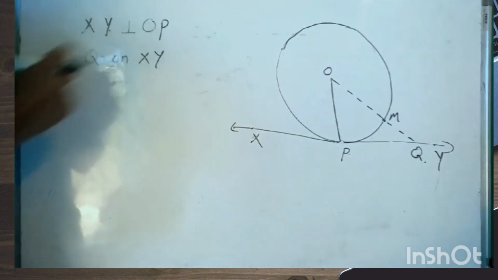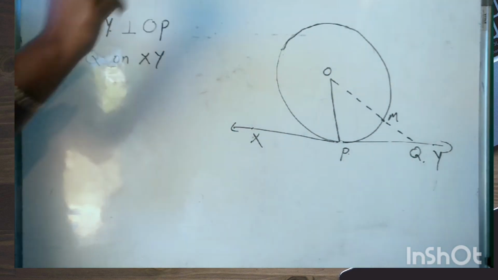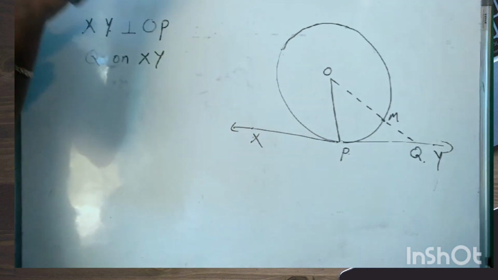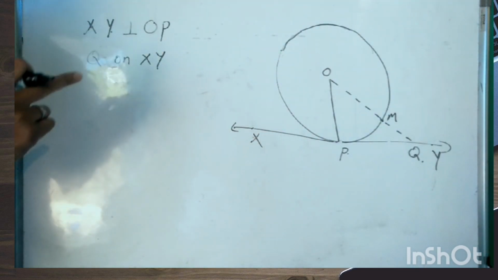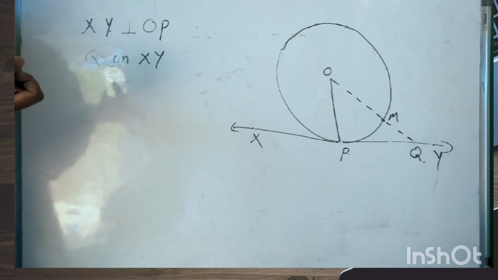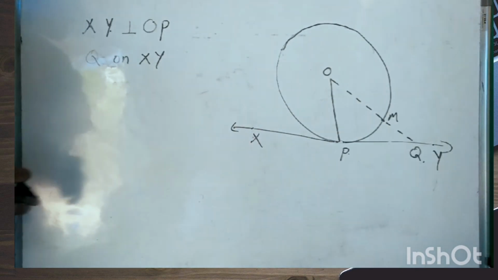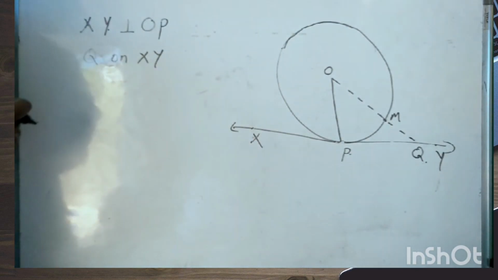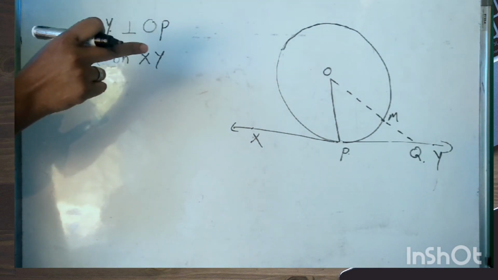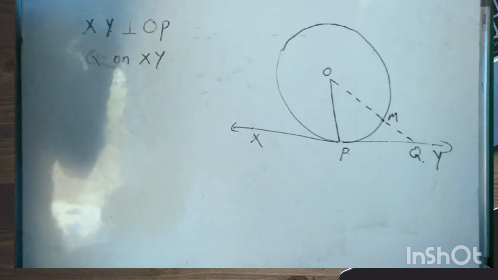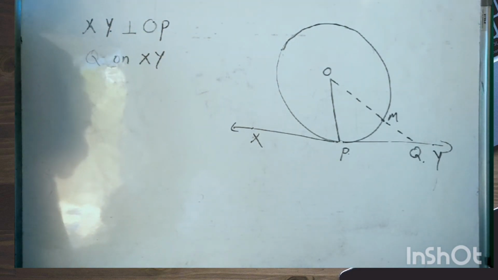One is P and the other one is Q, right? Then this XY becomes a secant, but we took it as a tangent. So that Q cannot lie on the circle. It should lie outside the circle.